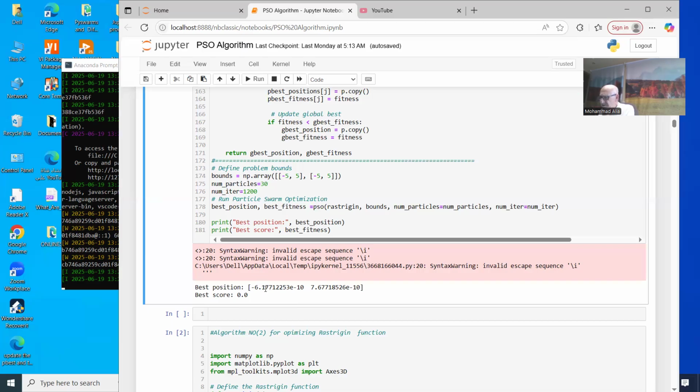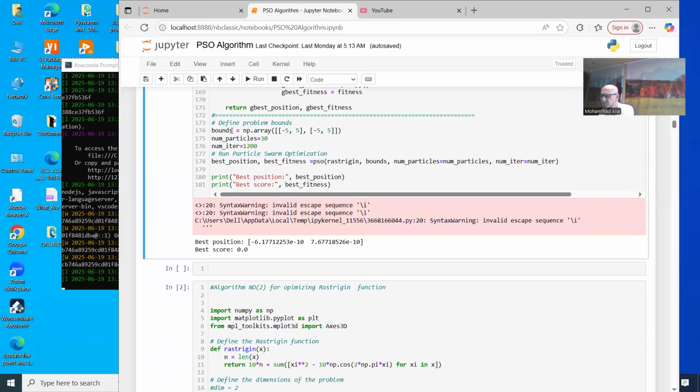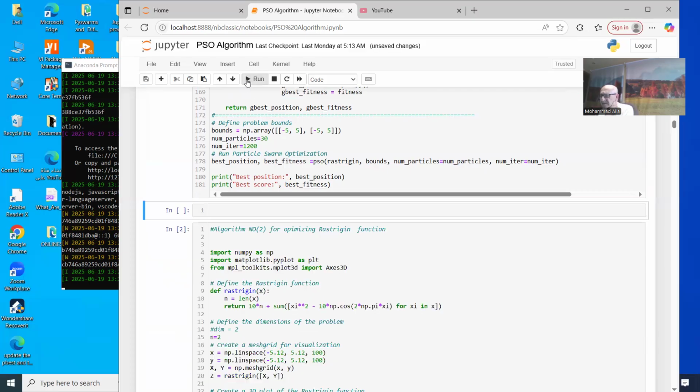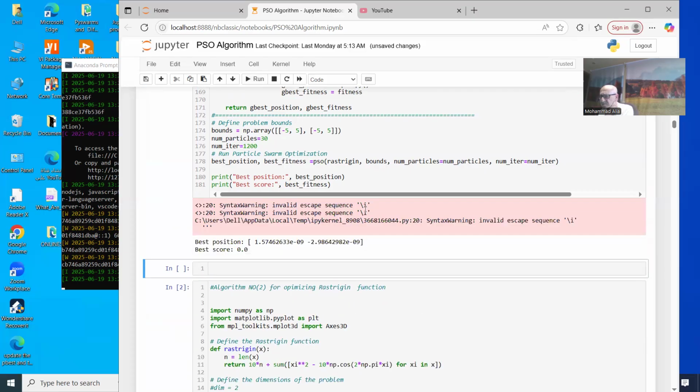As you see, x here is now practically equal to 0, and y is equal to 0, and the score or the fitness is equal to 0. If I run it again for you to be sure that it is the case, yes, here it is about 0, here is about 0, and this is about 0.